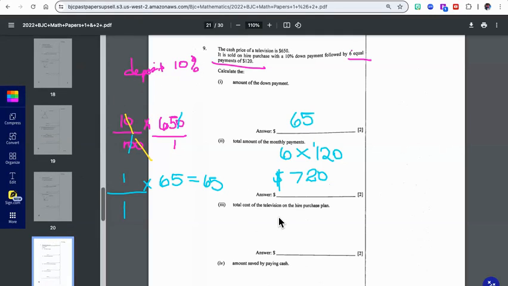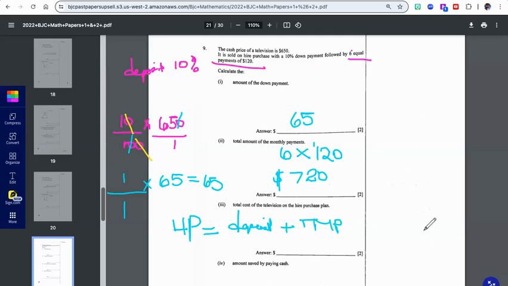It says the total cost of the television on hire purchase plan. There's a formula. HP is equal to deposit or down payment, same thing, plus total monthly payments.